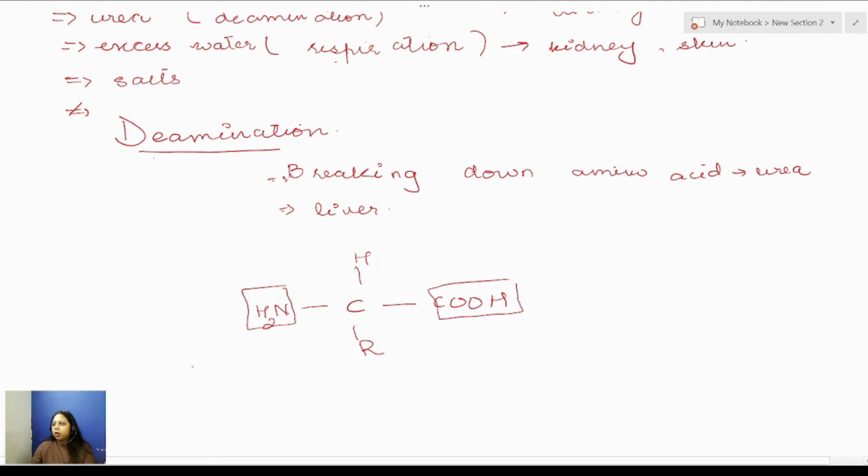So what is deamination? In deamination, the amine group or amino group is removed and it is converted into urea. How do you think this happens? What is the formula of urea? Do you have any idea about this?